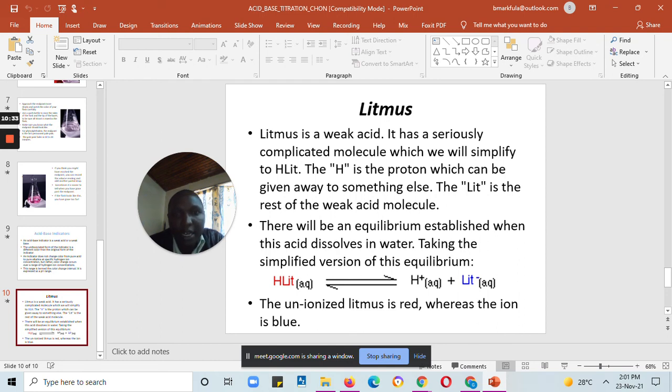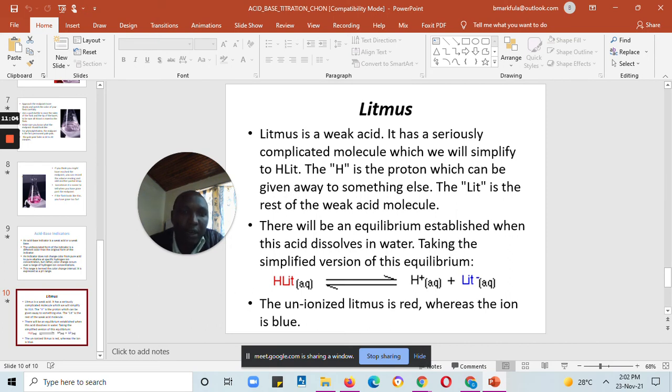The unionized litmus is red, whereas the ion is blue. So the unionized takes that form, the HLit, and the ion takes that form, Lit negative, and that is the basic part of the dissociated complex ion.